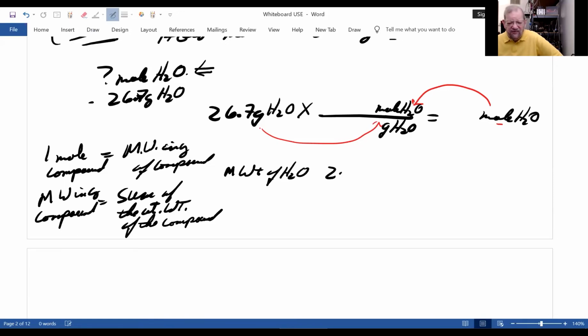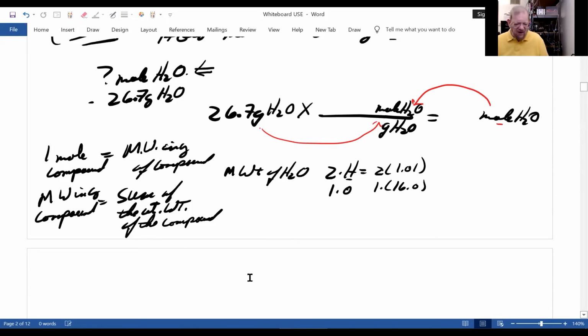Well, water has 2 hydrogen, 1 oxygen, and the atomic weight to 3 significant figures of hydrogen is 1.01. For oxygen it is 16.0. Let's find out if I'm lying to you or not.